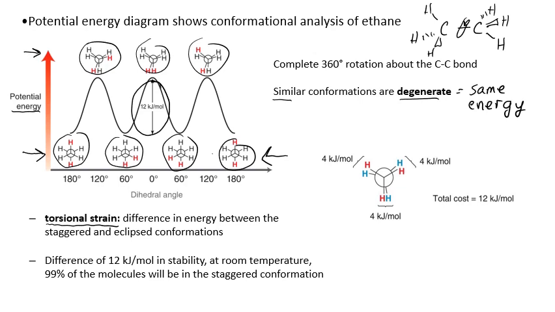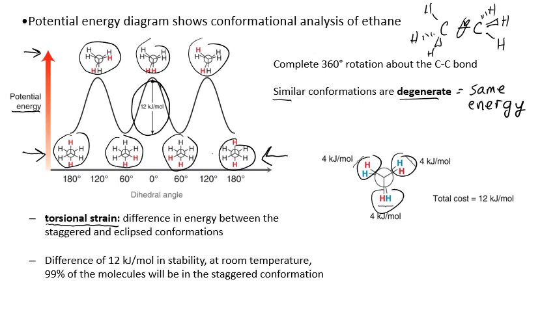Now, in a staggered conformation, there are no repulsions. We say that everything in a staggered conformation has no energy cost. That's why it's the lowest. But for the eclipsing interactions, each one of these hydrogen-hydrogen eclipsing interactions costs 4 kilojoules per mole of energy.